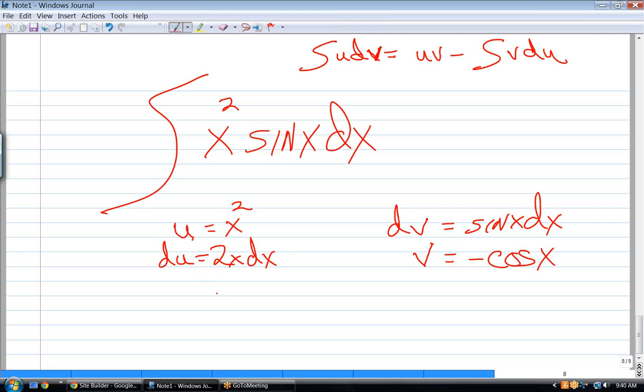So now, what do we have? We have x squared, set that equal to negative x squared cosine x minus integral to negative 2x cosine x dx.